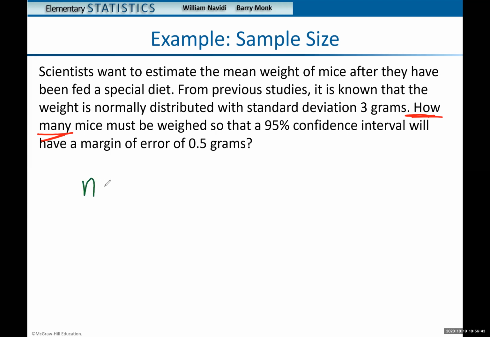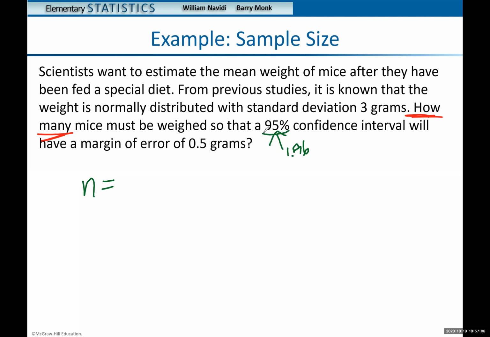So n is equal to, 95%. What's the critical value of 95% again? This one thing, since 95% is the most commonly used confidence level, you should know that this is 1.96. Okay, so that you don't need to always solve for the middle 95% and then use inverse norm.